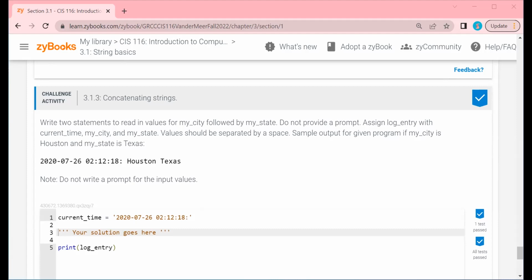Can I interject with another little question? I've begun to see "do not provide a prompt" in this chapter 3, and it again notes "do not write a prompt for the input values." What do they mean by that? That means they don't want you to say enter a prompt.